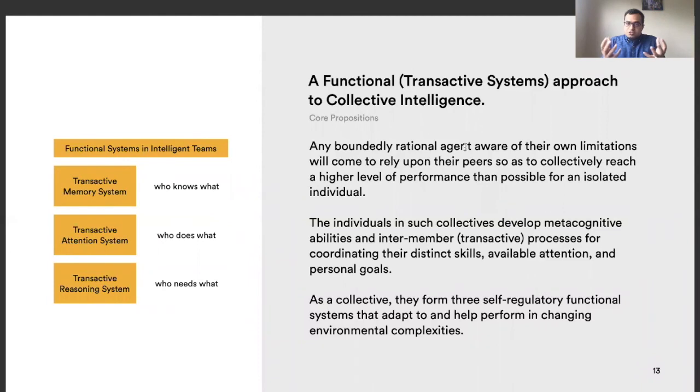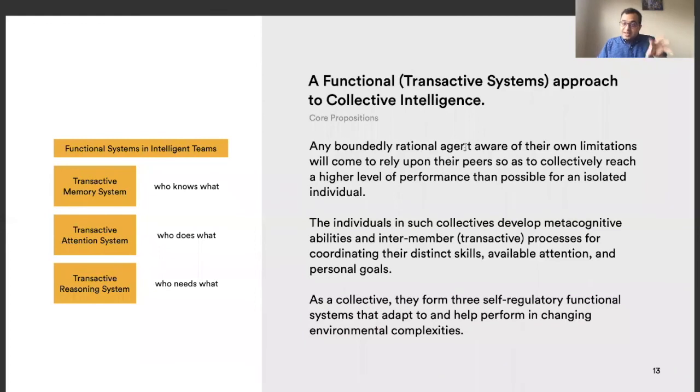Our overall functional or transactive systems approach can be summarized in essentially three core propositions or a flow of logic. One can think that a boundedly rational agent, aware of its own limitations, will tend to rely on others to achieve a higher level of performance when facing tremendous complexity.